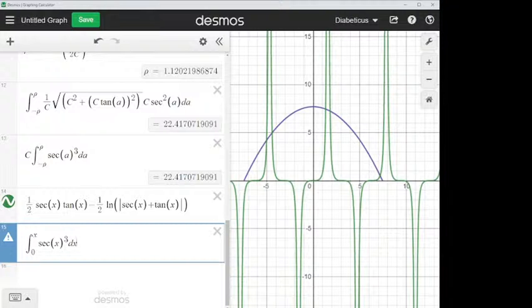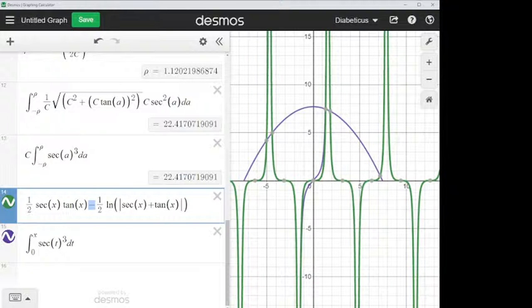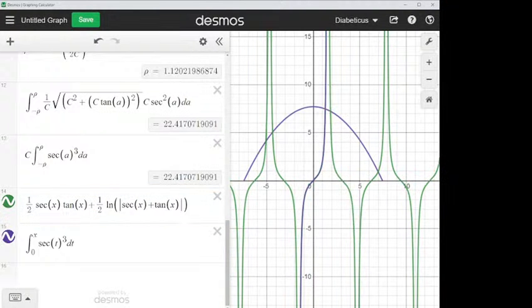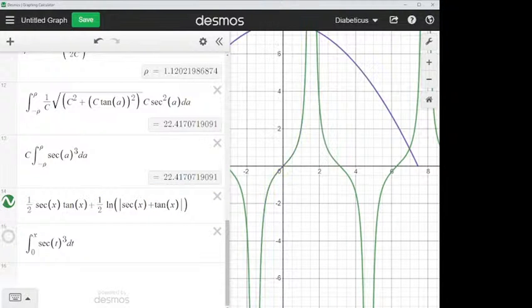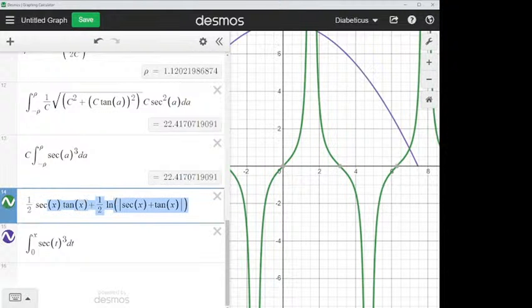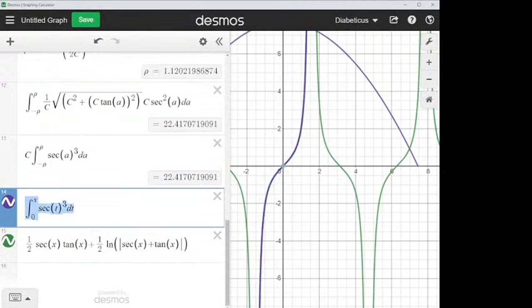Is this right? Put it here. Okay, this is incorrect. I think I just have the signs wrong. Okay, it's this guy here. So this entire thing is the integral of secant.